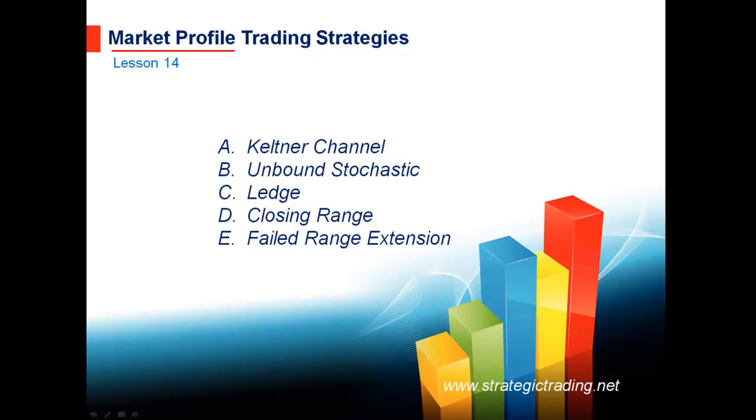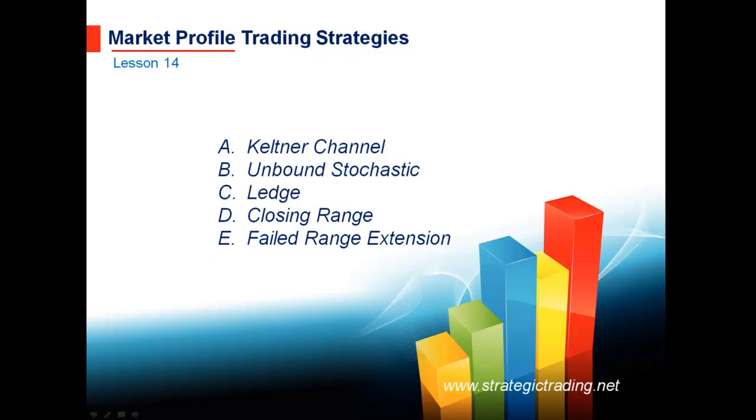The tool is the stochastic, and more specifically we're going to talk about a special form of the stochastic which is not available on many platforms, but fortunately it is available on Market Delta, and that's an unbound stochastic. Then we are going to cover three concepts that we need to be familiar with vis-a-vis the profile.